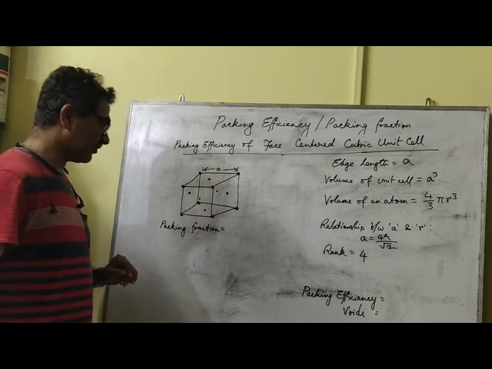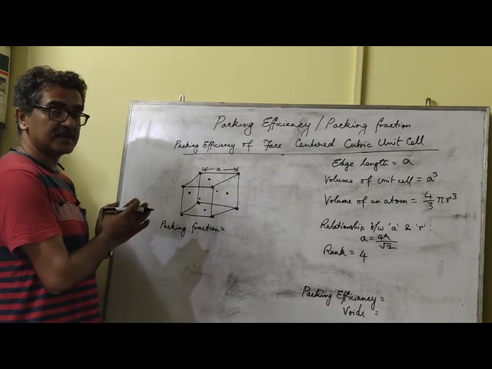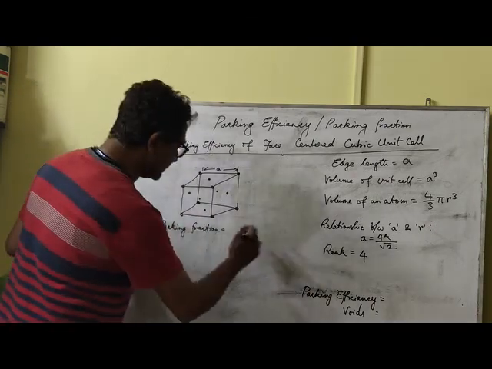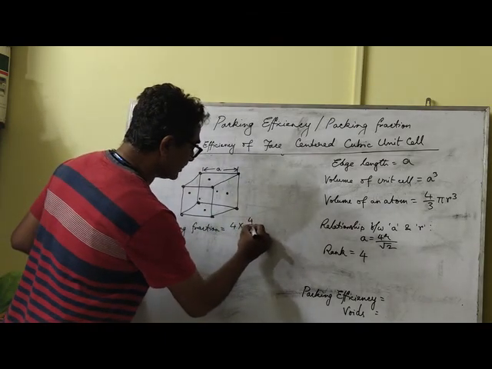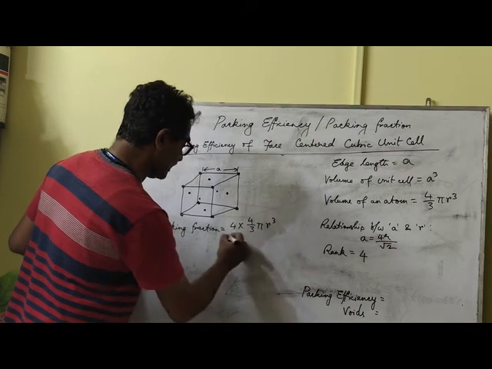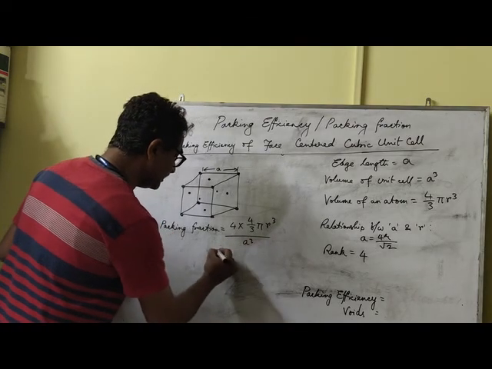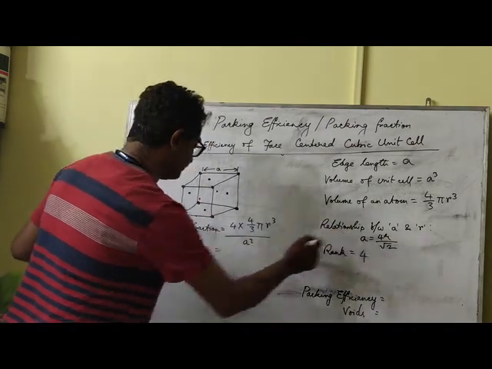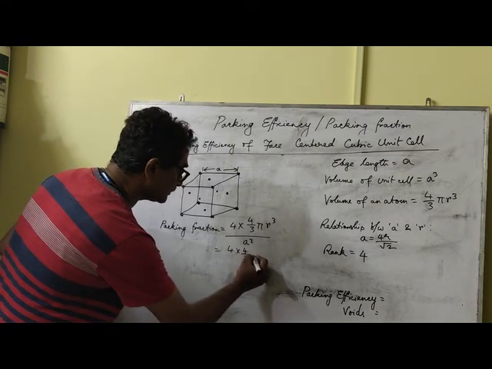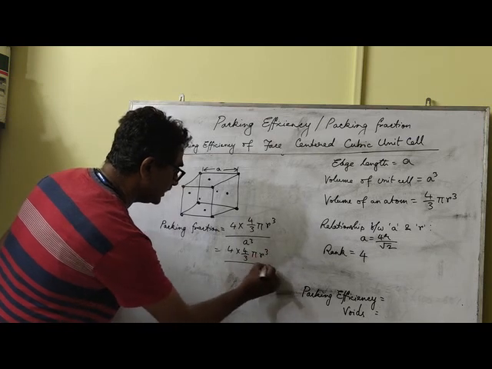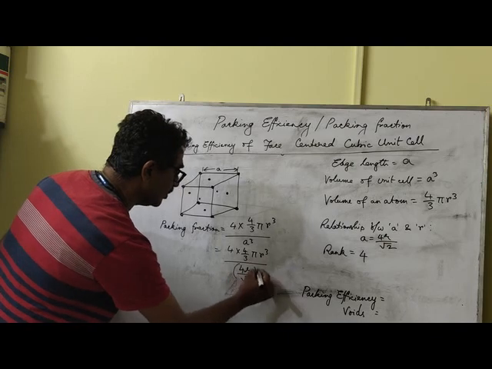Now we are going to find the packing fraction. And how do we find the packing fraction? That is the volume of atoms in the unit cell. So the rank is 4 multiplied by the volume of a particular atom, that is 4 by 3 pi r cube, divided by A cube, that is the volume of the unit cell. Now we substitute the value of A: 4 into 4 by 3 pi r cube, and A cube is 4r by root 2 whole cube.